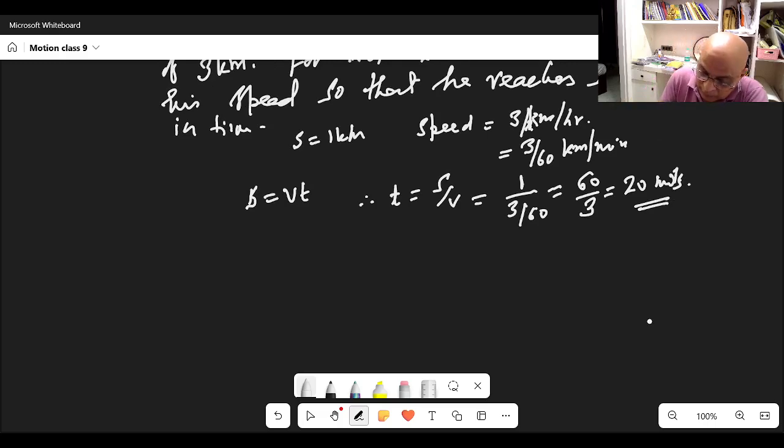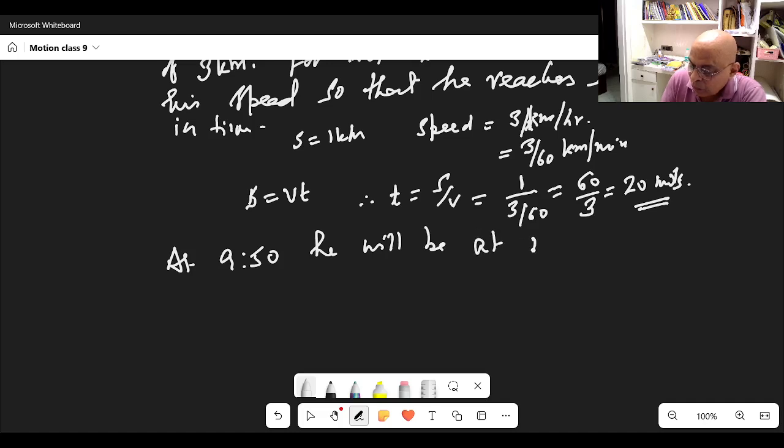So 9:30 he has started, so at 9:50 he will be at the 1 kilometer mark. Now in the next 10 minutes, he has to reach by 10 AM.